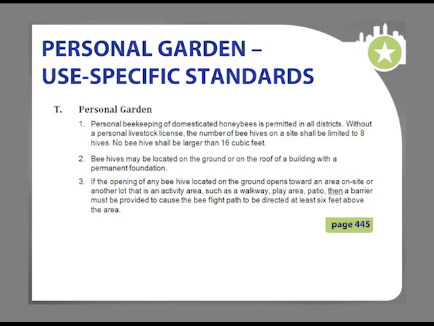If they're located on the ground and the opening of the beehive faces an area on site or another lot that has an activity area, such as a walkway, play area, patio, if you have that, then a barrier must be provided that causes the bee flight path to be directed upward at least 6 feet above the area. This is a safety precaution so that as bees are coming in and out of the hive, they have to fly high enough and away from any activity area.